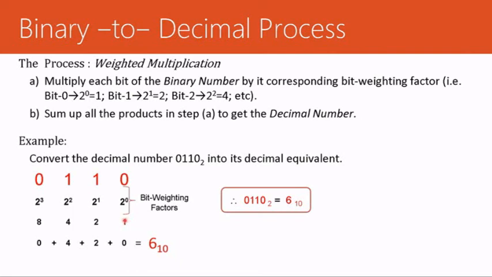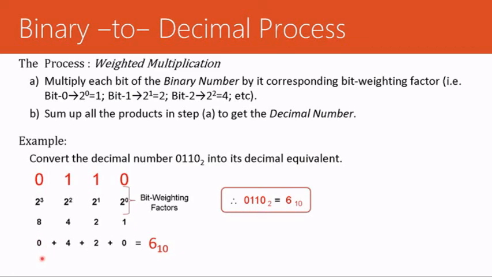So for example, 1 multiplied with 0 is equal to 0. 2 multiplied with 1 is equal to 2. And 4 multiplied with 1 is equal to 4. And 8 multiplied with 0 is equal to 0.